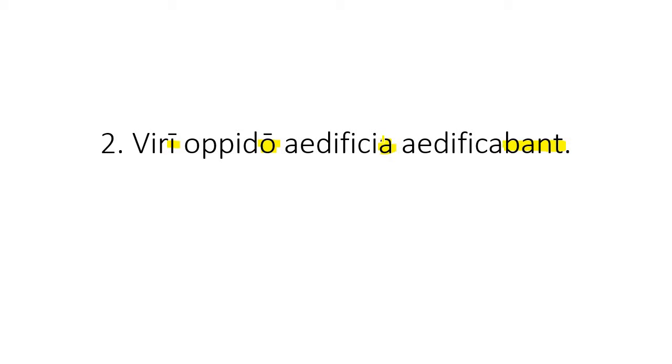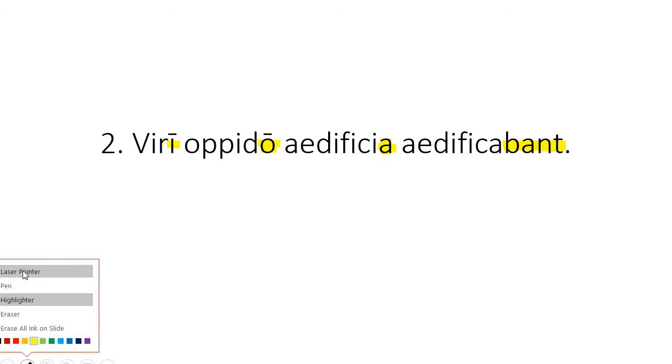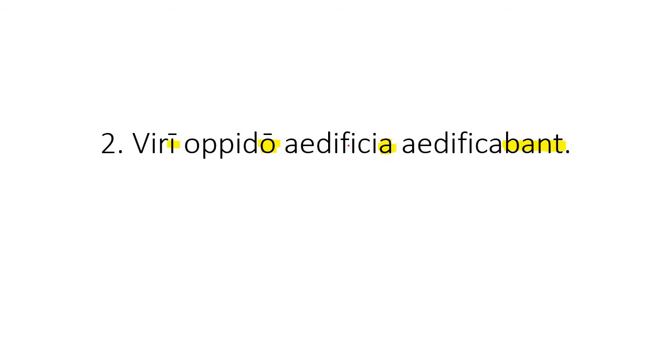All right. So edificia, they are expecting you to surmise its meaning. Edificia is a noun. You haven't learned that, but you have learned the verb edificabant. So the noun is edificium. Okay, yeah, edificium.